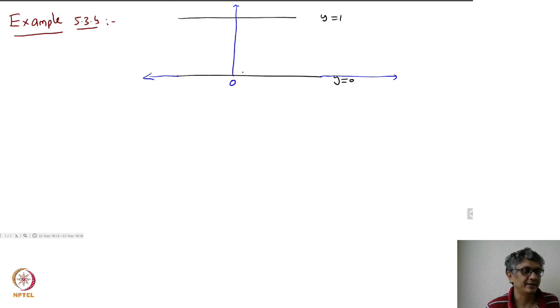Let's say someone is standing at the origin, and she chooses an angle theta uniformly in 0 to pi.